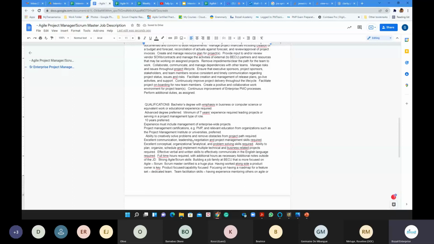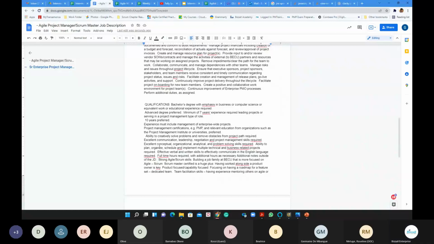Excellent communication, leadership, negotiation, and project management skills are required. Excellent conceptual organization, analytical and problem solving, ability to plan, organize, schedule, and implement multiple technical and business related projects required. Full hours required, with additional hours as necessary.